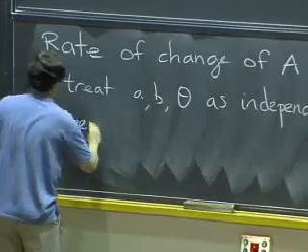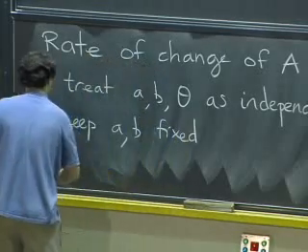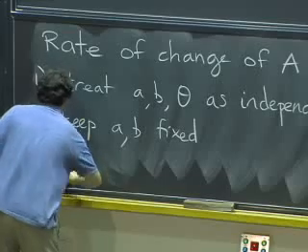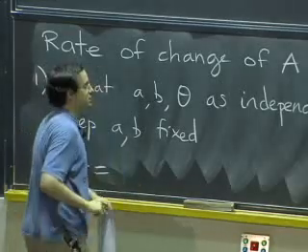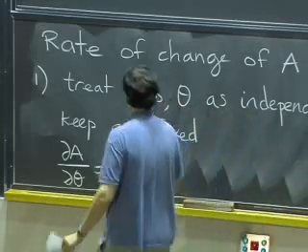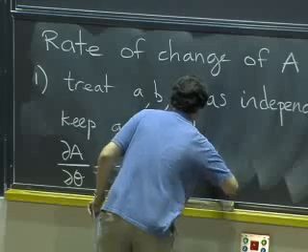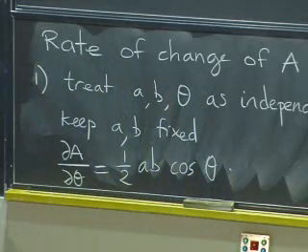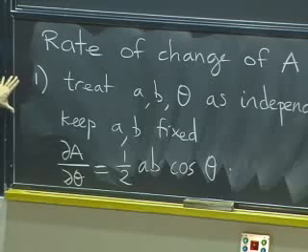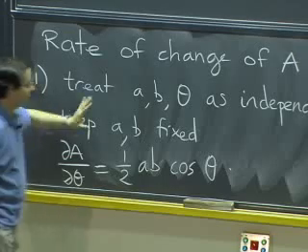So we keep A and B fixed, and the derivative of the area with respect to theta is 1/2 AB cosine theta. That one we know. Any questions? No? Okay, the two other ones will be more interesting.